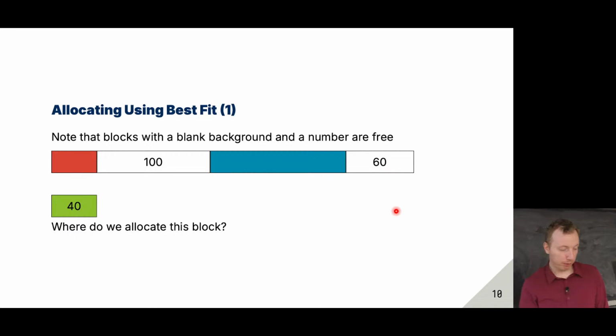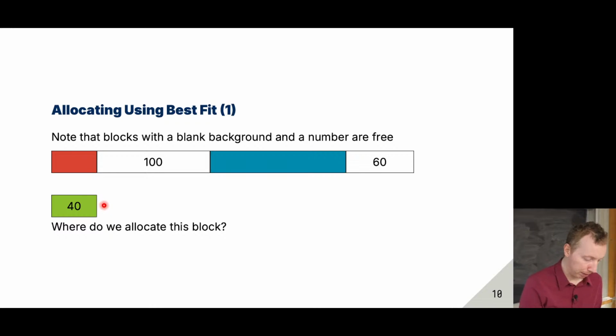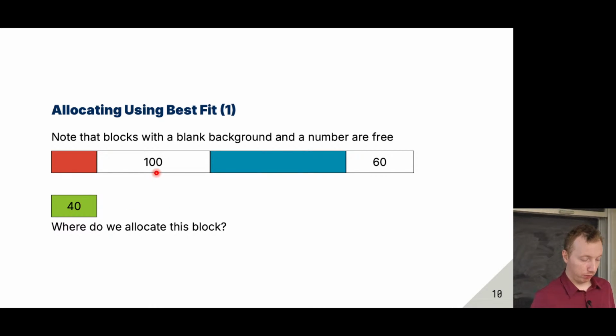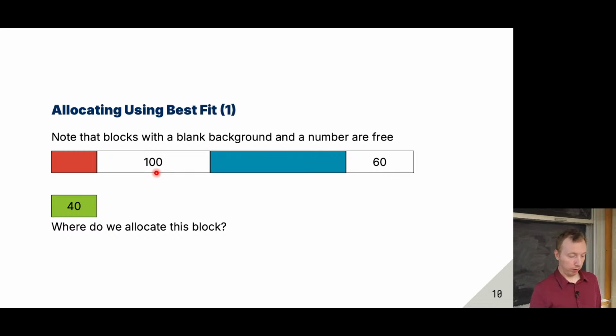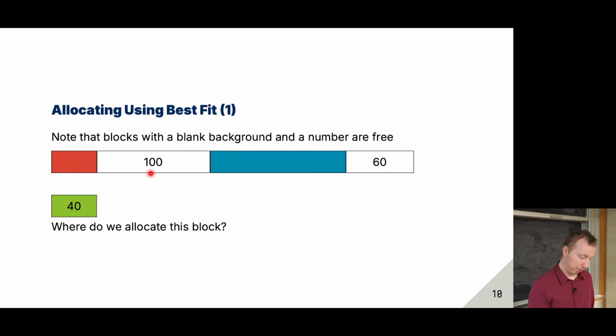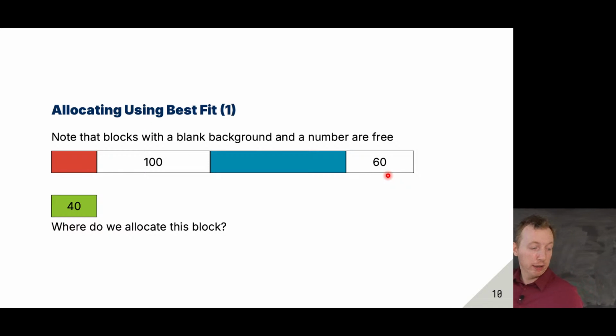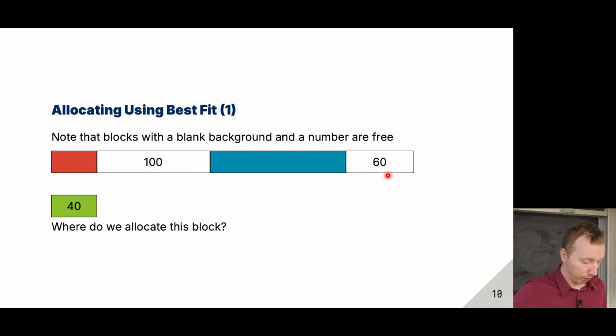So now if a green allocation comes in that is 40 bytes, my question is, well, which of these ones should I use? Should I use the 100 byte free space or the 60 byte free space in order to allocate this 40 bytes if someone requested 40 bytes?